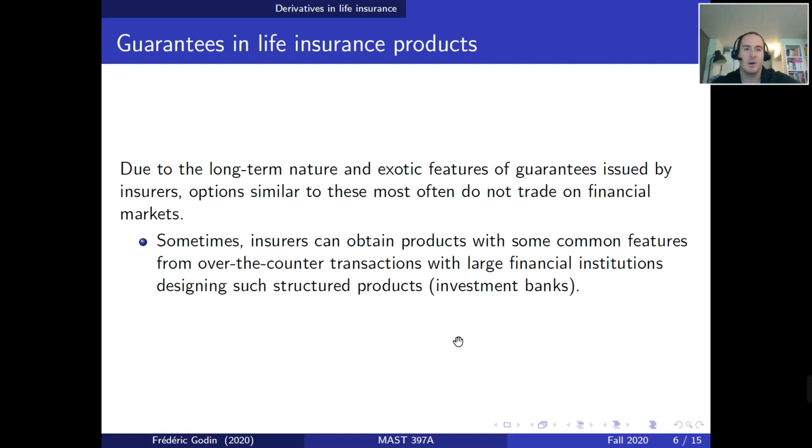So reinsurers are insurers of insureds, and in that case, this would be equivalent to hedging a portion of their portfolio. So this is reinsurance. It is a traditional approach in insurance.